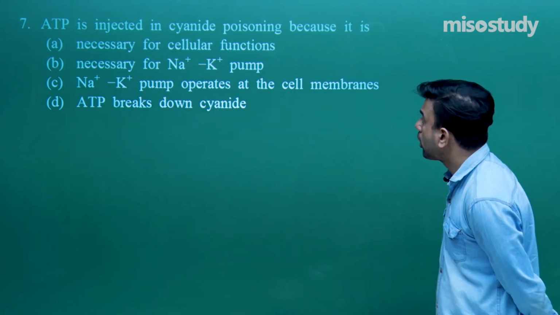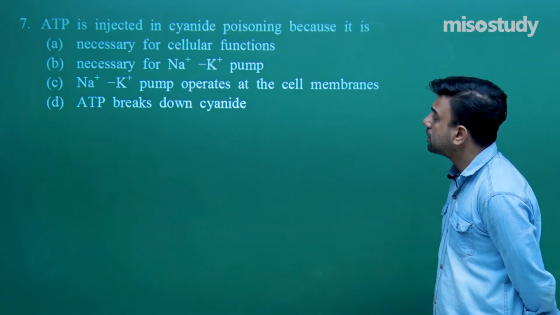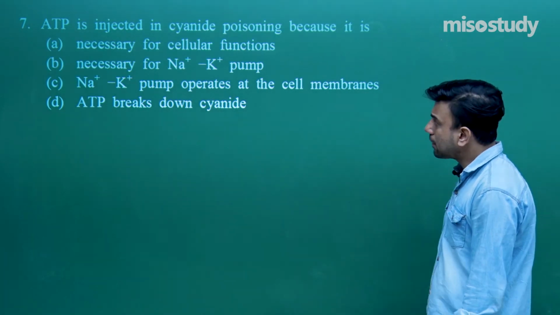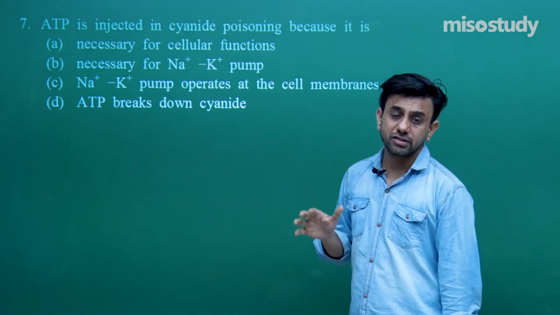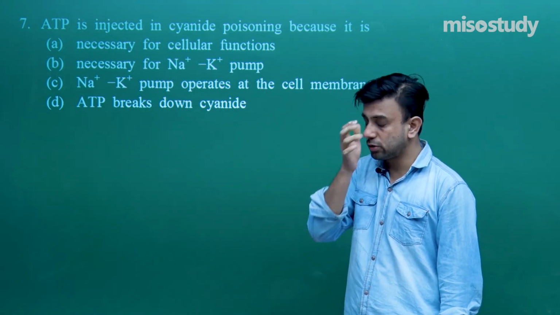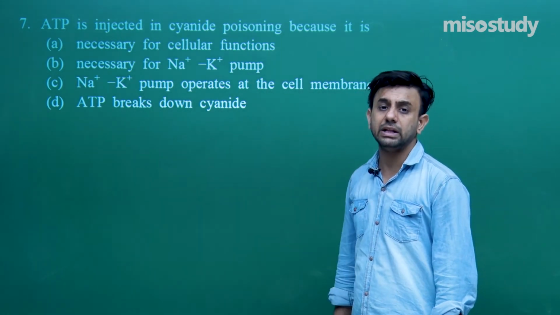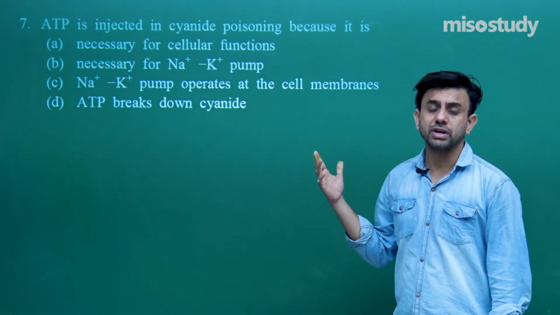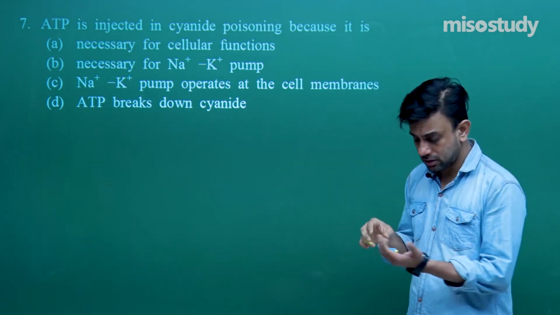The sodium potassium pump operates at the cell membrane. Now what is happening in cyanide poisoning? There is a break in the electron flow from cytochrome B to cytochrome C1.